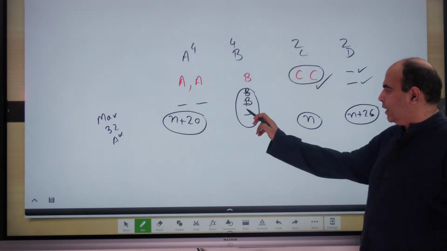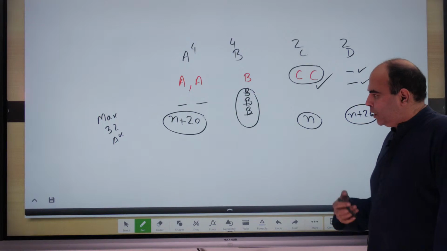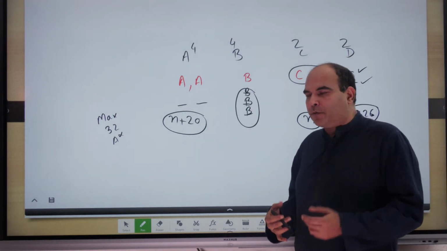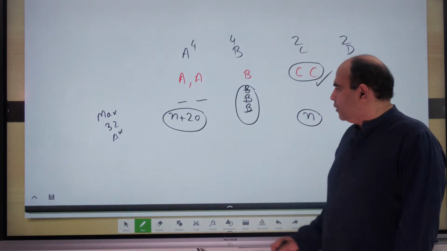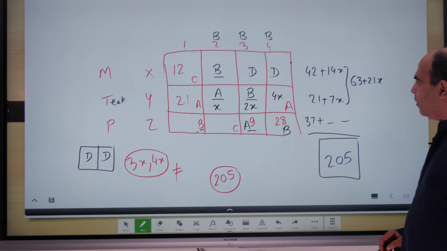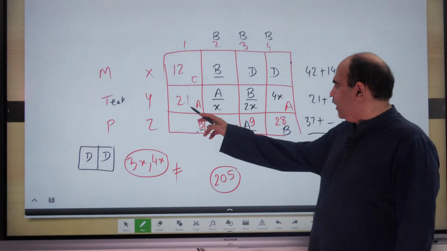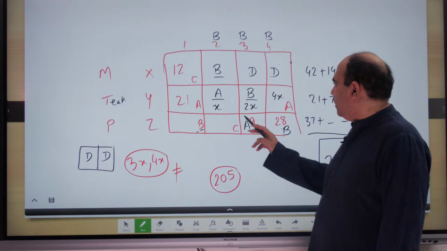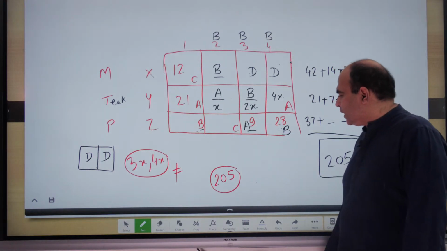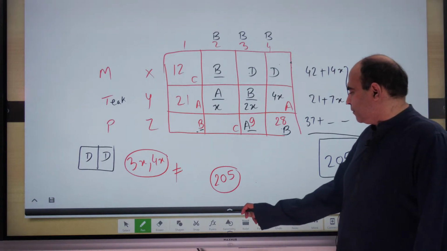And we don't yet know how many trees B has. So it is a good point to get into shape with respect to how many numbers we know for A. For example, if I go back to my table, I know A has 21 here, and A has 9 here, and A has x and 4x here. So A has a value of 30 plus 5x.